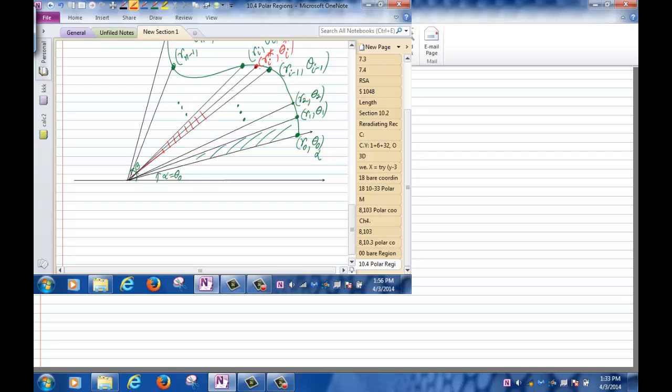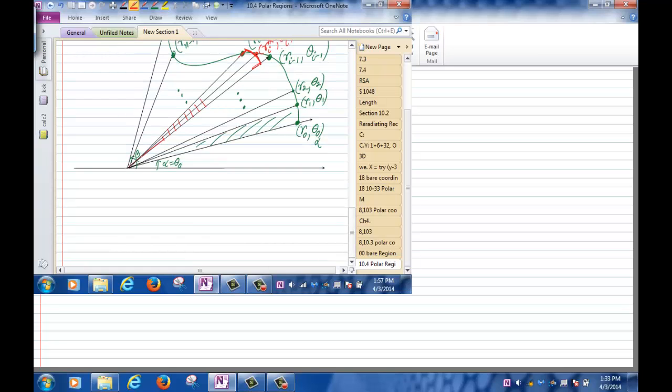So we are going to approximate this by a circle, let's say. So this segment that I have here in red, I am approximating the area of this segment by the area. Okay, so let me write it down.